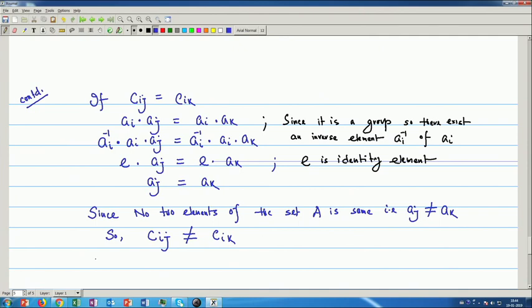And similarly we can prove for columns also that no two elements in a column are the same.